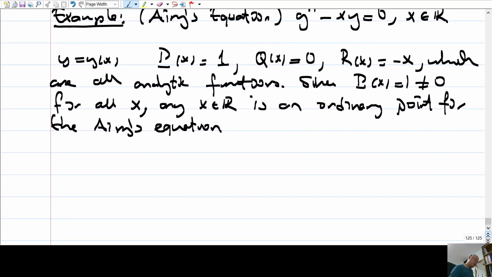All right. We will come back to this equation later, but first let us state the main theorem.